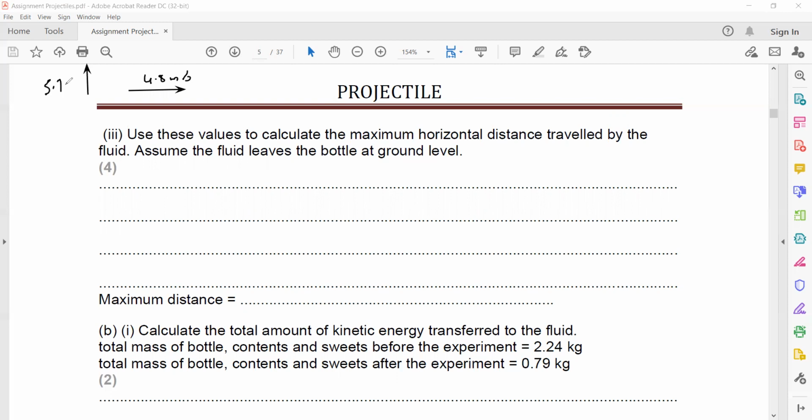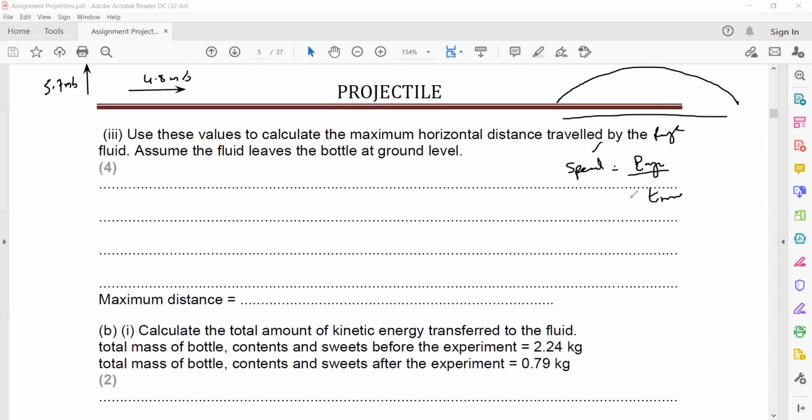We need the horizontal distance, so we need the horizontal component. And horizontally there is no acceleration. So if there is no acceleration and we need the range here, we have the formula speed is equal to distance, or range here, divided by time.